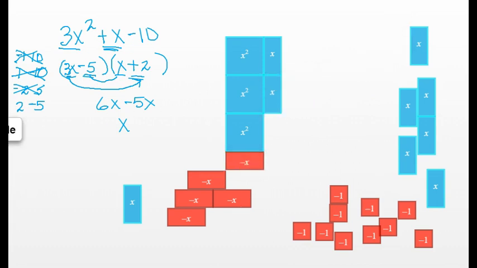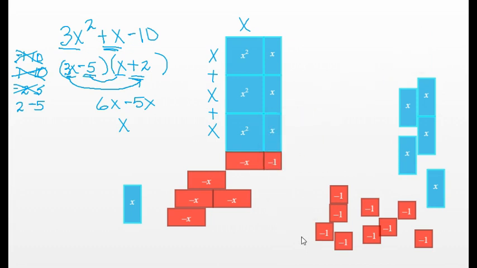So if I start with my x, and x plus x plus x, if I add 1 to this side and take 1 away from this side, I know it's going to look like this.